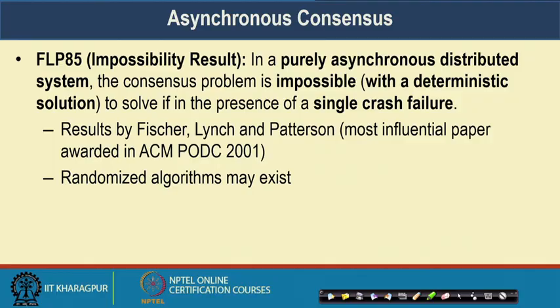But this result gives a bound on what type of consensus protocol you can design for a distributed environment, and this is the foundational work for distributed systems, which was initially proposed by Fischer, Lynch and Patterson in 1985, and at one of the top ACM conferences on distributed systems, ACM PODC 2001, this paper got the most influential paper award.